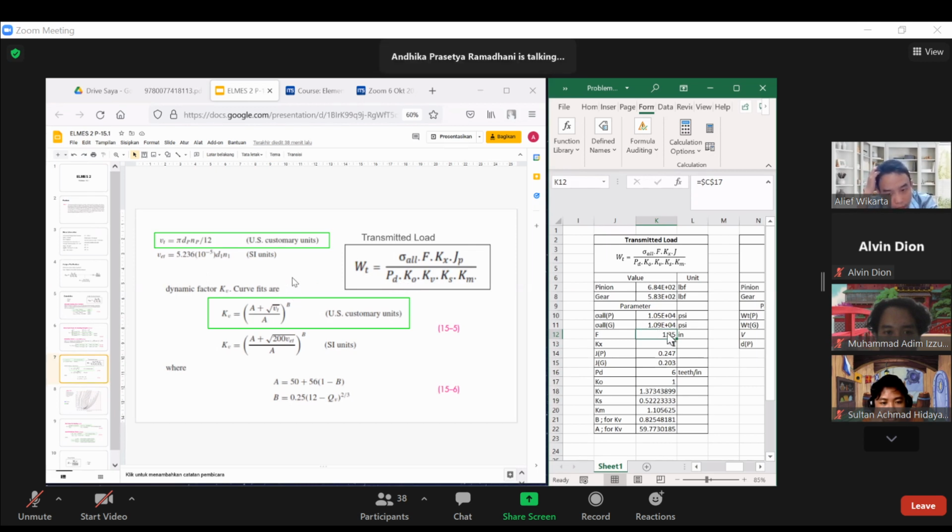In here, we calculate for KV first. This is the formula I use. Vt using this formula, with the diameter of pinion and the rotation, the radial velocity of pinion, divided by 12.